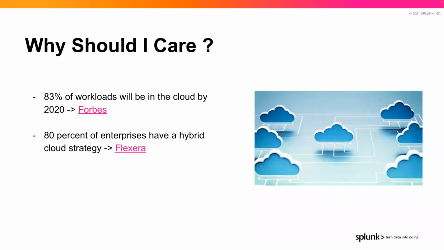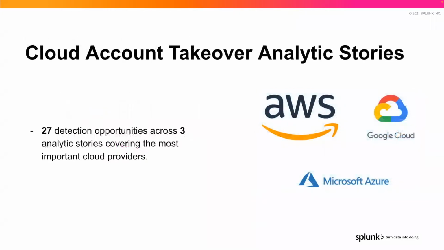So we think it's really important for security teams to be ingesting and have good visibility into cloud authentication and cloud account management, etc. Which is why we wrote 3 analytic stories. Each one of these analytic stories covers specific cloud providers.